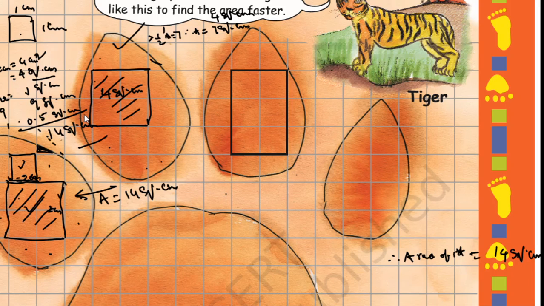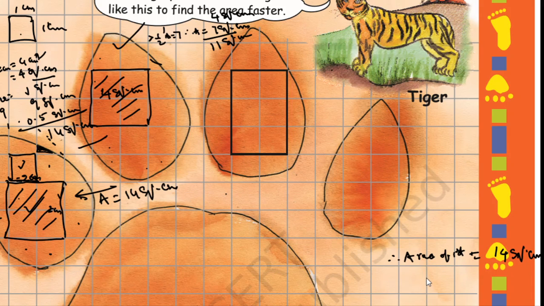This is also less than half. Already I told you, less than half means we cannot count. You should not consider it as a square unit or half square unit. Therefore the area is 4 plus 7, which is 11 square centimeters.